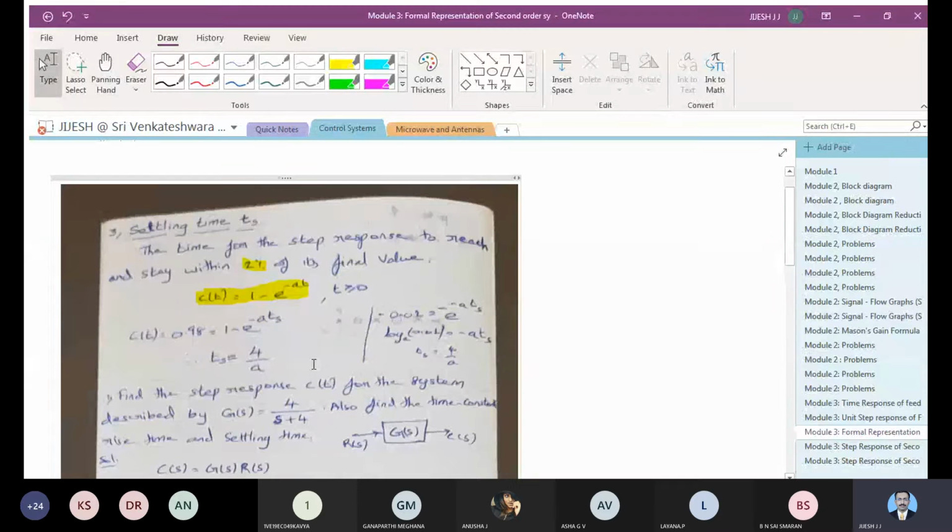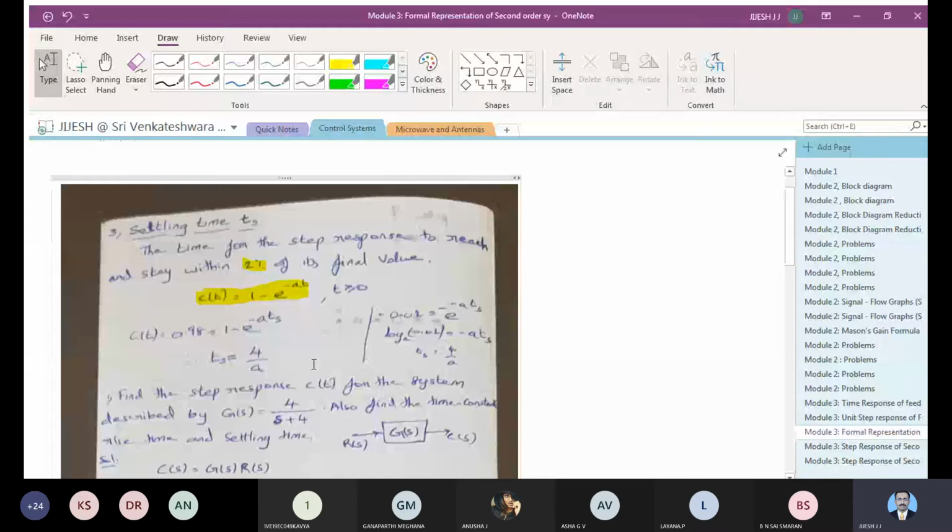So the first question you can write down: find the step response c of t for the system described by G of s is equal to 4 by s plus 4, and also find the time constant, rise time and settling time. You need to know the very basic equations of Laplace and inverse Laplace. I am saying it again, those equations are going to be used further.